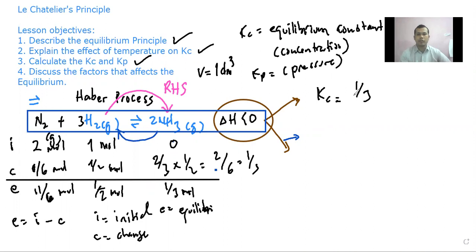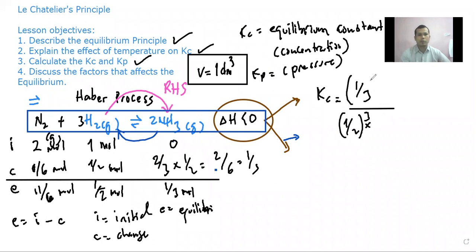Because concentration is mole over volume, but the volume here is 1 dm cube, definitely there's no change, right? So divided by, I have 1 over 2 times power 3. This one is power 2 because I have 2 over there and 3 over there, and then I have 11 over 6. So then you can get this one.